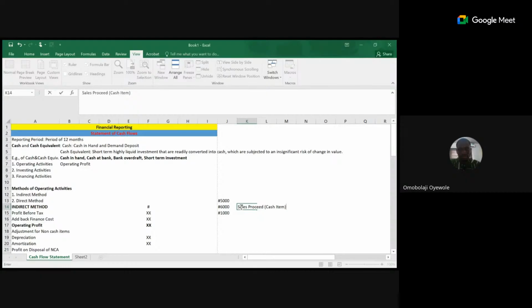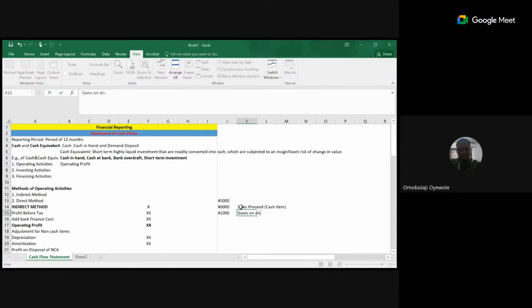It is worth 5,000 in our books, so there is 1,000 as a gain. That 1,000 gain does not involve any movement of cash.